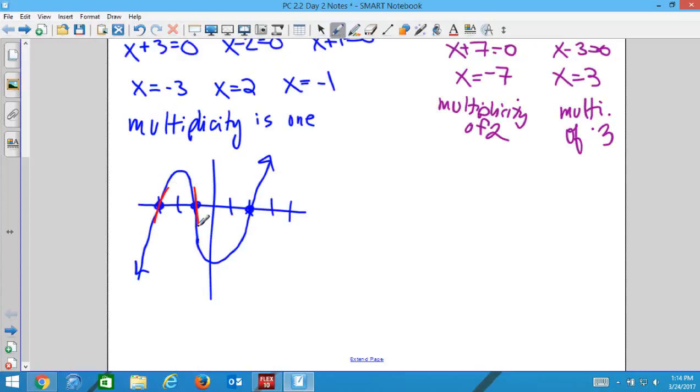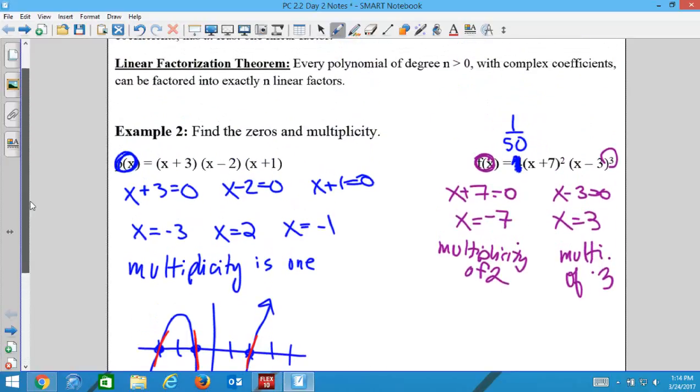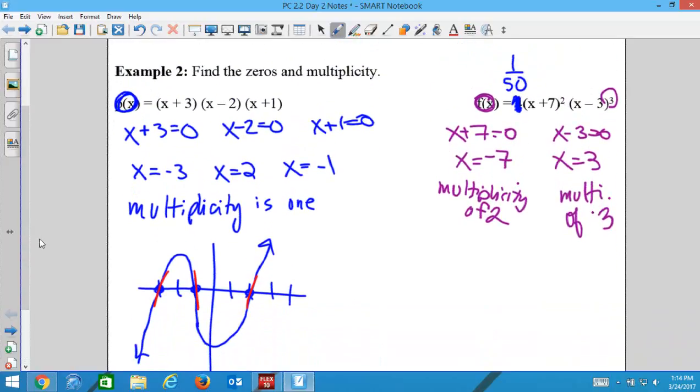It's changing the y values from positive to negative or negative to positive. That's what's happening when the multiplicity is 1. Let's look at the next function. Type in the next function. The 1/50th.